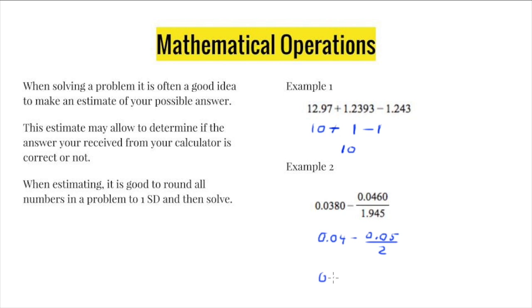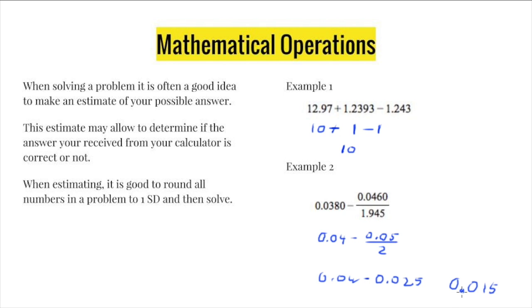We know that the next part is going to be 0.04 minus 0.025. And now we can even go farther and subtract this and say that 0.04 minus 0.025 is simply 0.015.